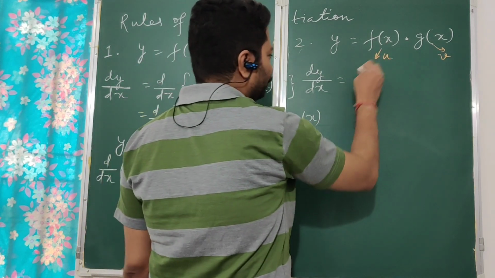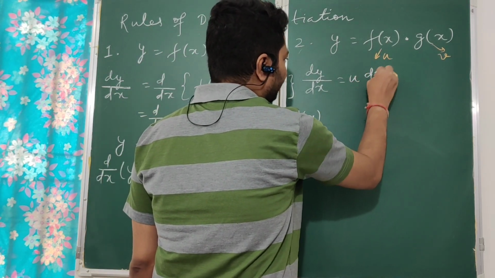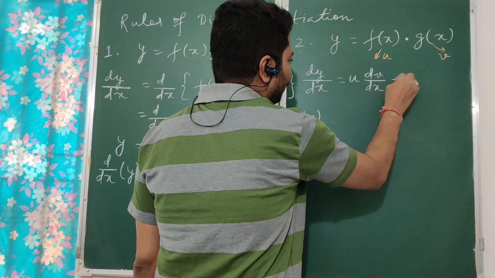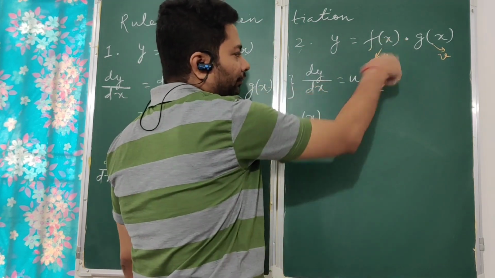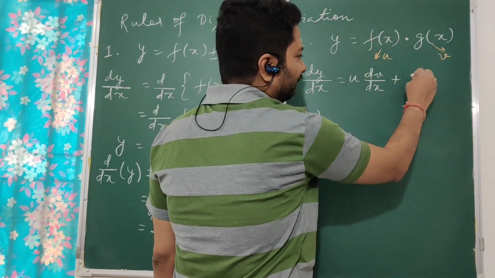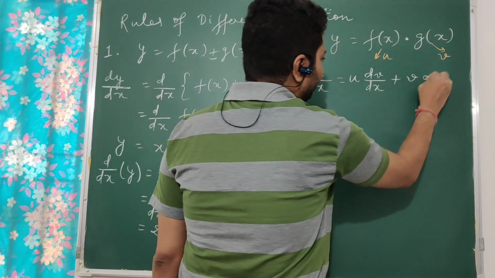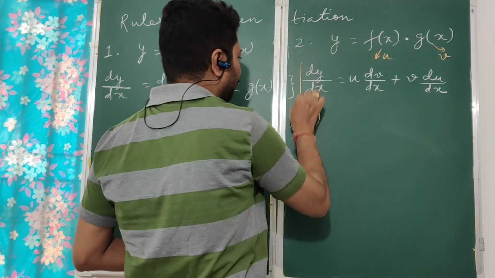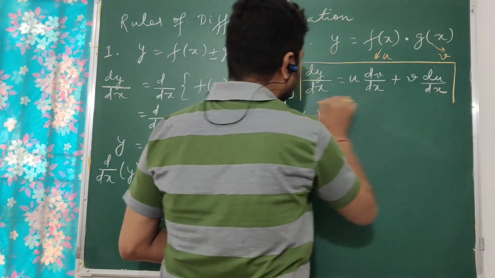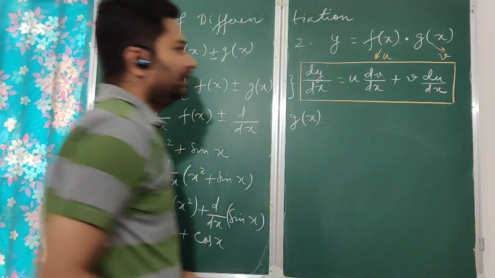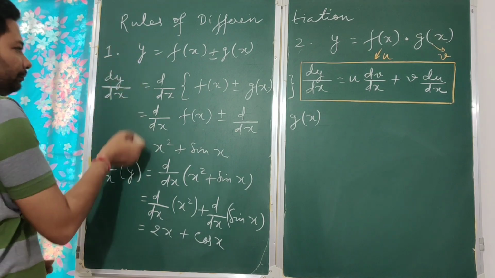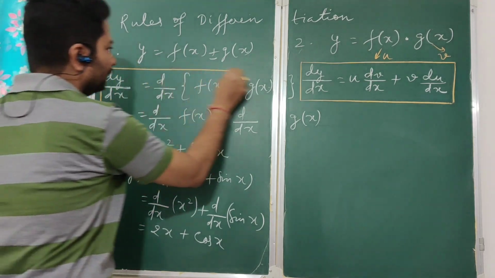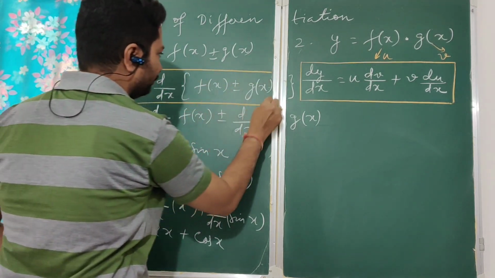So let us say we take u as the first function, then differentiate the second one, dv by dx, plus multiplication plus. So now take the second function which is v and differentiate the first function, du by dx. Very important formula. When two functions are in multiplication with each other, then this is what we follow. This is for addition and subtraction.